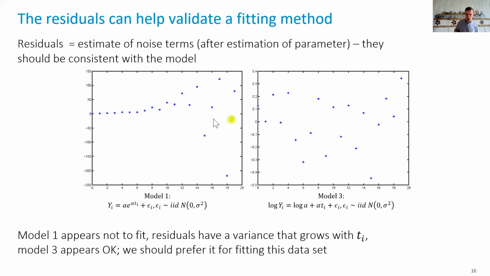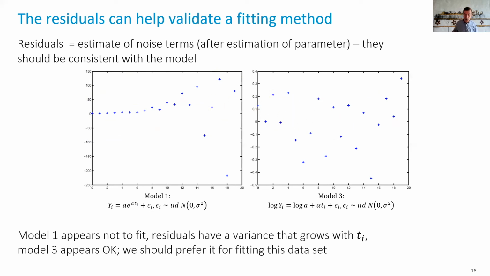Obviously, for model 1, this is not correct. We see that most noise terms for the small values are very small, and for the large values, they become larger here. So obviously, the variance here increases as we go along the x-axis. Here, well, we don't see any violent discrepancy with this assumption.